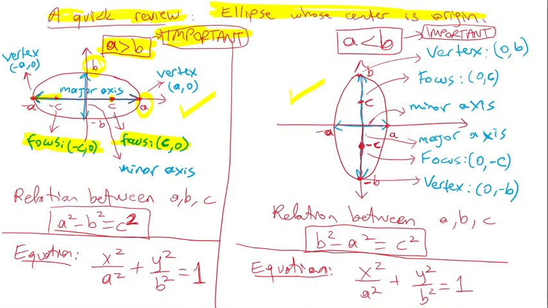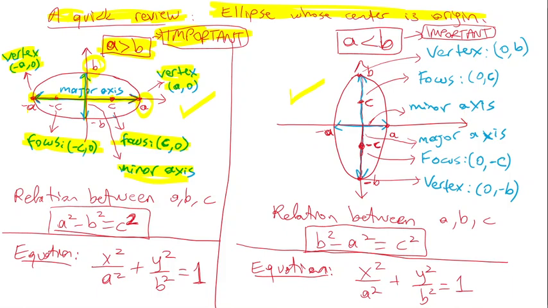Here the big length, this one, is called the major axis, and this is called the minor axis. And the vertices, the endpoints of the major axis, will be (negative A, 0) and (A, 0). So these are the vertices.